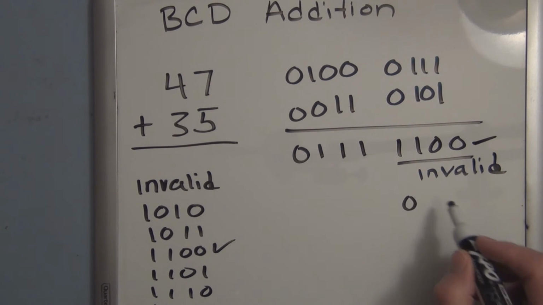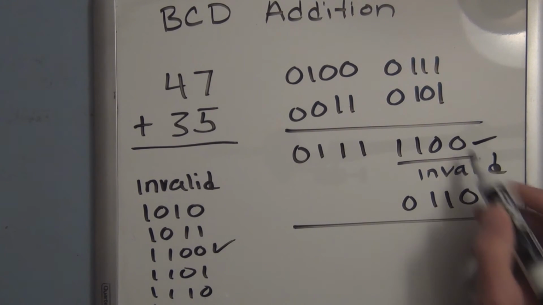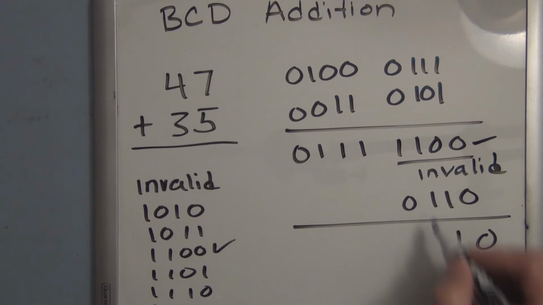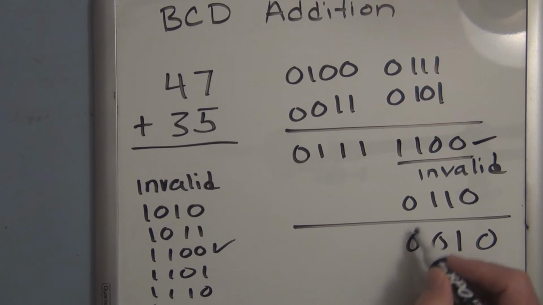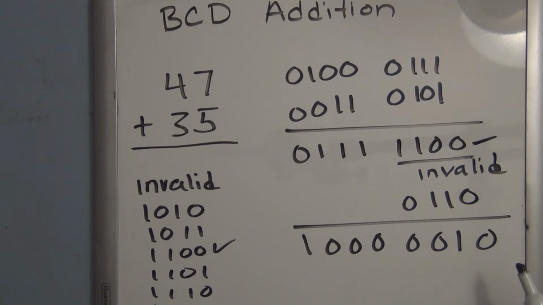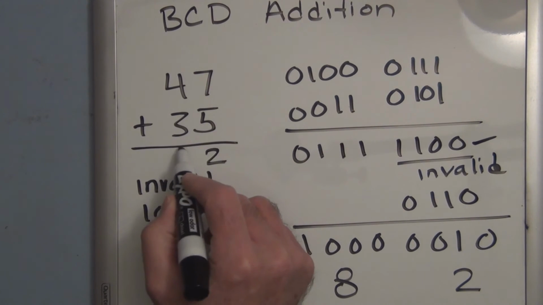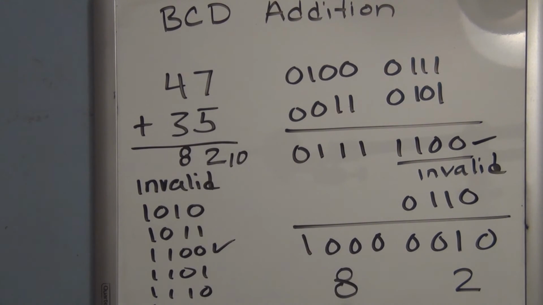So we have 0110. Adding that, we now have 2, carry the 1, and we have 8. So here we have the right code groups for the 2 positions in BCD.